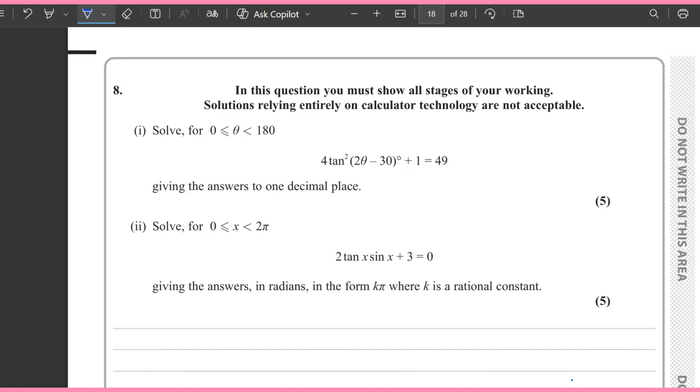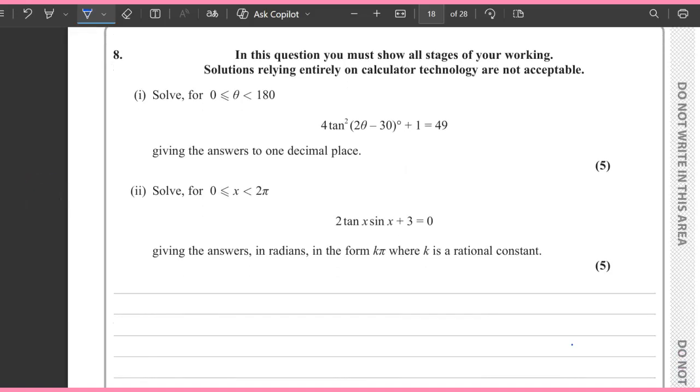Now, if we start with the question, rewriting this down here, we will have 4 tan squared of (2 theta minus 30). This should equal 48, because if you take the other side of the equal sign, it will be 49 minus 1.